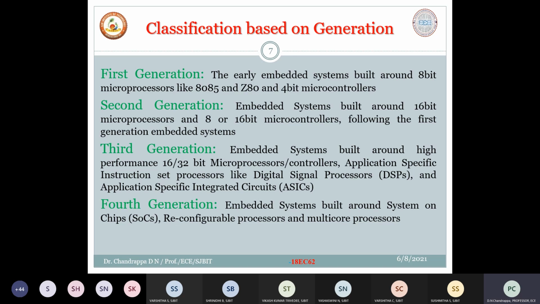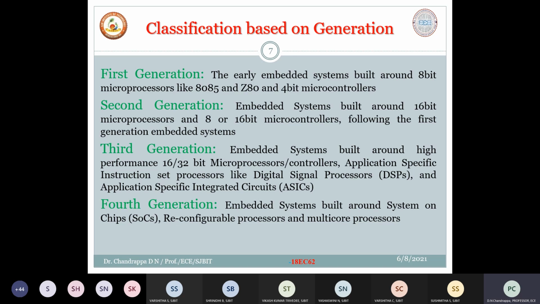This means we can use the concepts from the first and second generations, 8-bit, 16-bit and 32-bit microcontrollers or microprocessors, along with some very specific concepts introduced during this generation: application specific instruction set processors, like digital signal processors (DSPs) and ASICs, application specific integrated circuits.